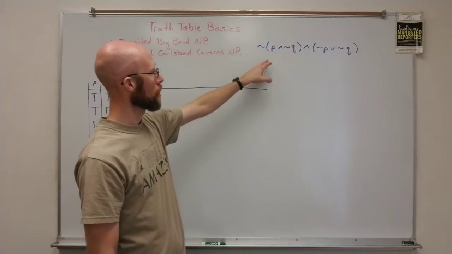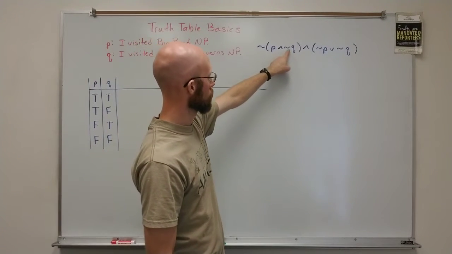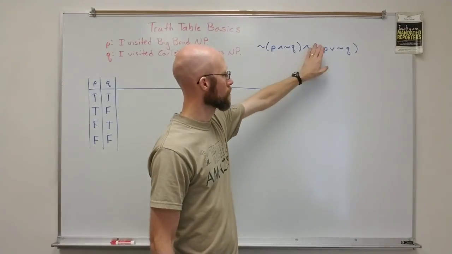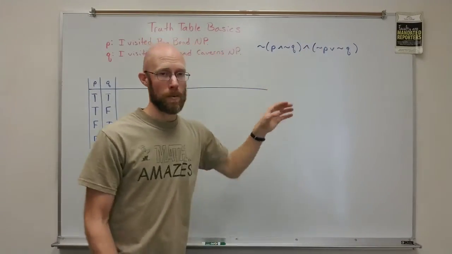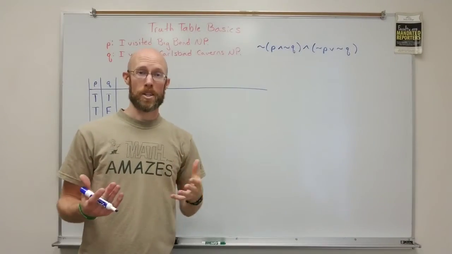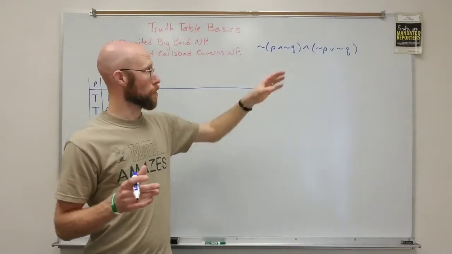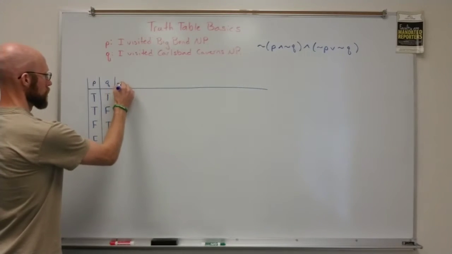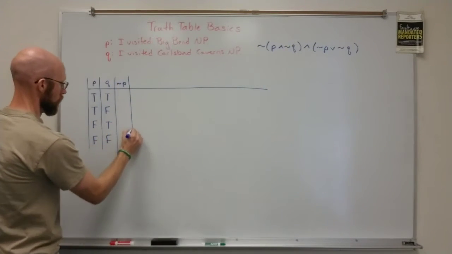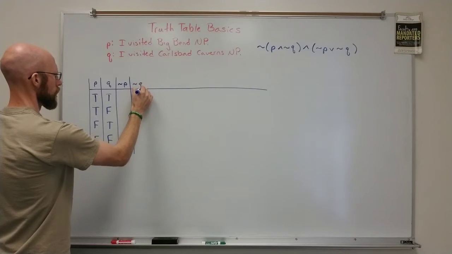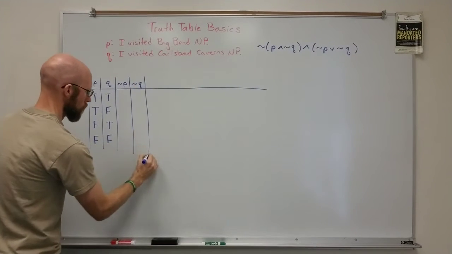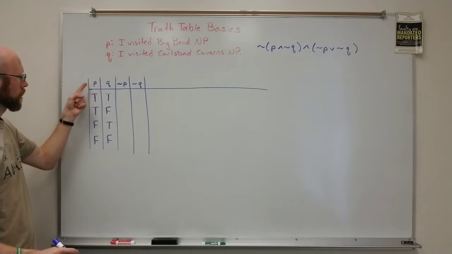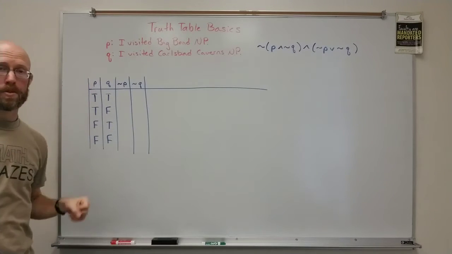Okay, so first of all, the negations. Well, I know I'm going to need a not Q and a not P, right? If I didn't have the not P, if this was just a P, then I could get by without a column for that. But because I do have it in here, I'm going to need that. So I'm going to need both a not Q and a not P. So I'll put those in, not P and not Q. And remember, the negations are always the opposite of the simple statement they come from.